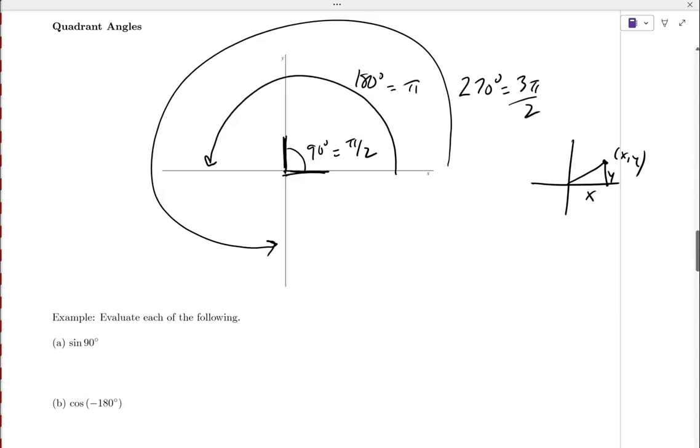Okay. If I think about 90 degrees, and I put my xy on here, what do you know for a fact the x is? 0, right? We agree? So I'm going to draw a goofy triangle.